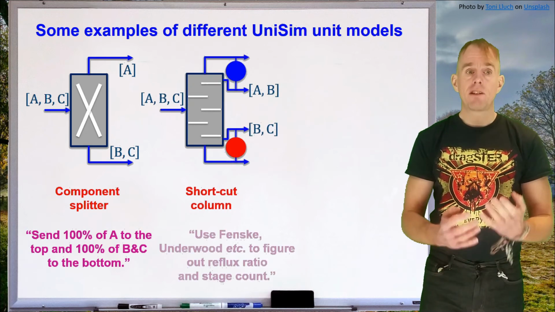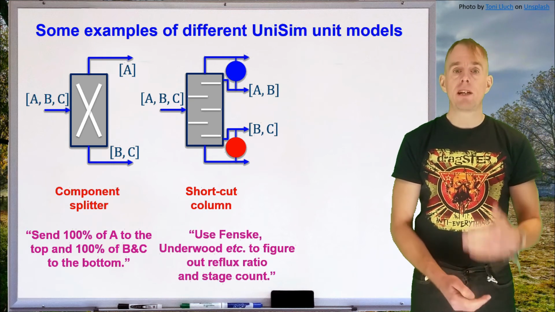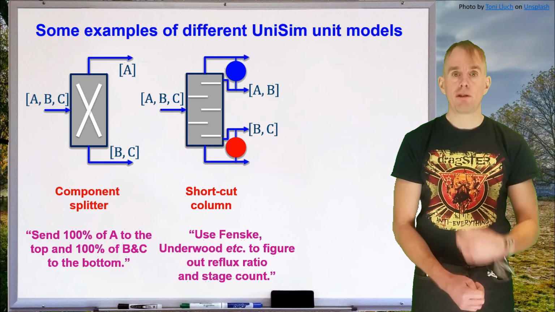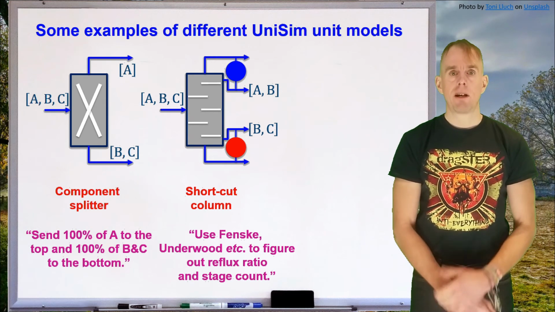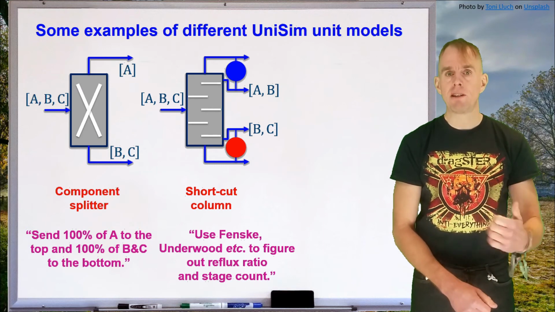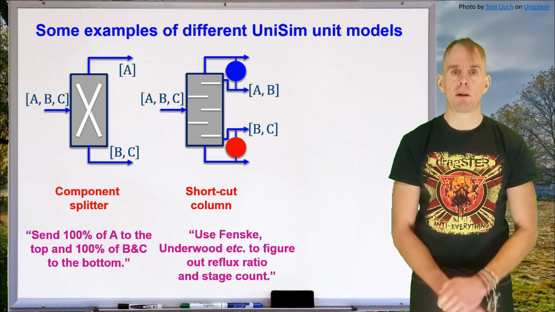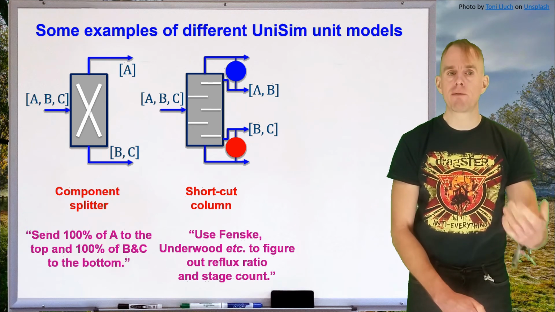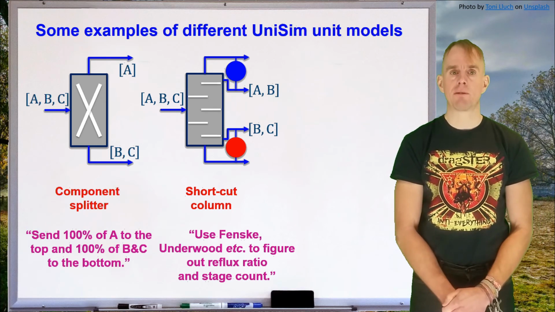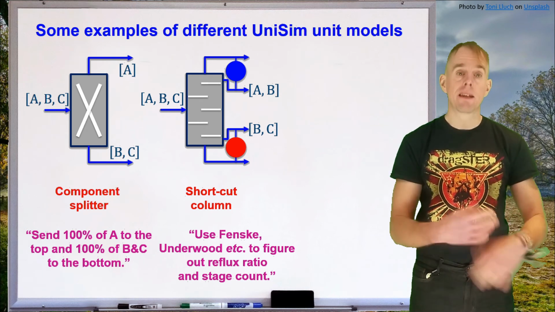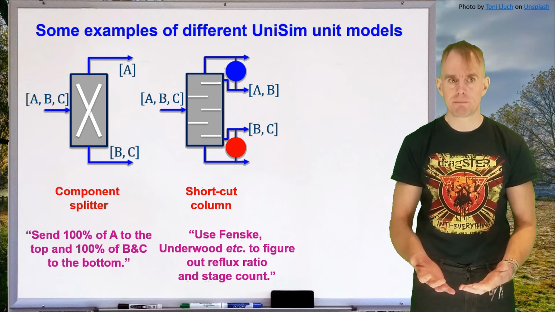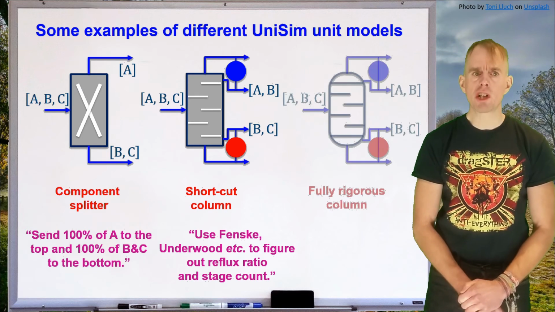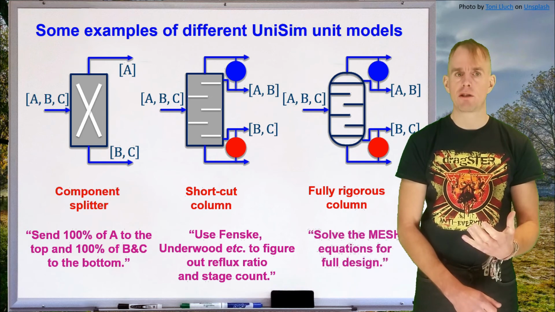If you're worried about distillation itself, then as we'll see in the second tutorial, there's a defined sequence to how you model distillation. The first tool that you use is a shortcut column. This is basically saying use Fenske, Underwood and various other equations, simplified binary or multi-component equations, to figure out what a rough reflux ratio and what a rough stage count would be for this unit operation given the components and given the thermodynamics. You then take that data and do a second stage of modelling, which involves what's termed a rigorous distillation column.